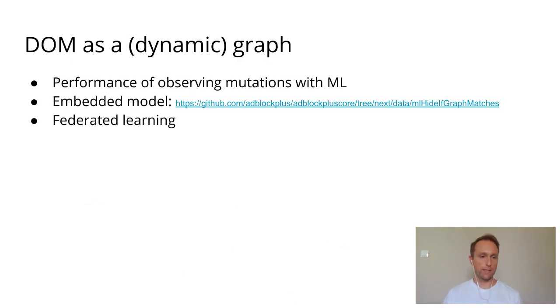And on slide 8, I wanted to finalize by saying that it's very fruitful to look at the DOM as a graph. However, it's not a static graph, it's a dynamic graph, because every mutation of an element changes that graph. So it's also useful to look at the filtering of those mutations as a machine learning problem, or maybe to look at the whole problem as one of dynamic graph classification.